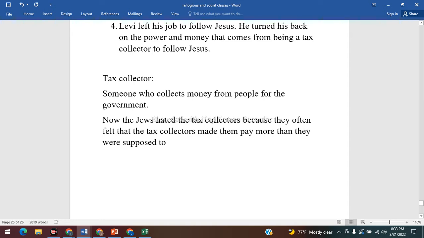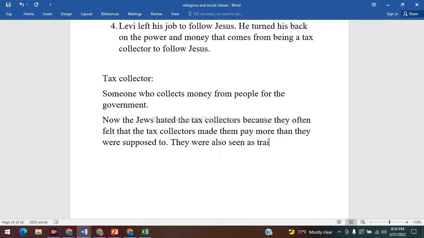That's the first thing. They thought that the tax collectors were actually robbing them, right?